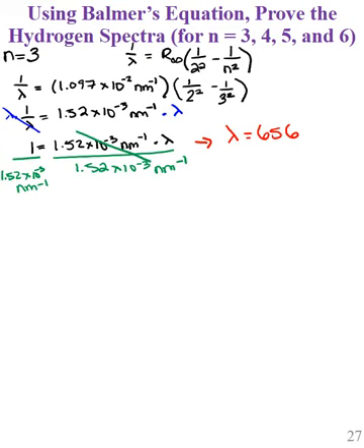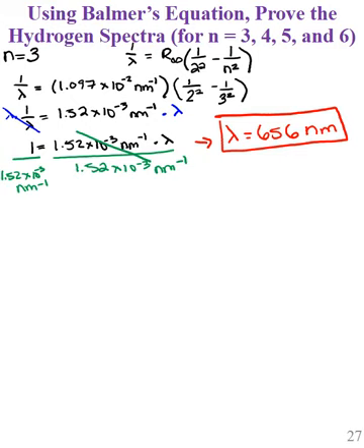Through math, you bring the nanometers up to the top, so it is going to be simply nanometers. Okay, so at n equals 3, so when an electron is there and it goes down to this second energy level, it gives off a wavelength of 656 nanometers.